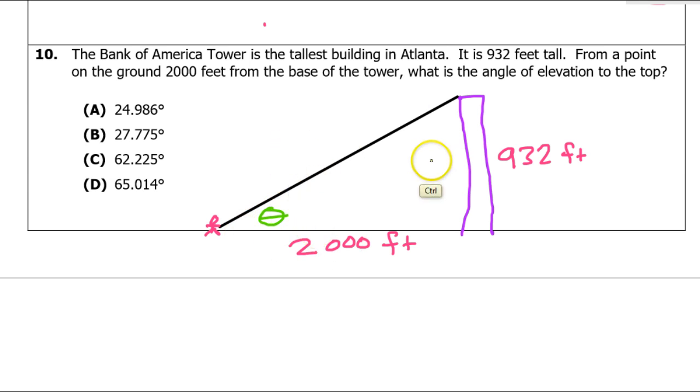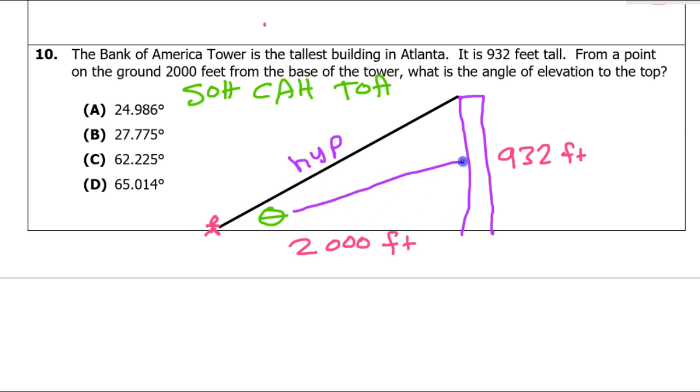So what am I going to do? I'm going to do Sohcahtoa. This is the hypotenuse, and across from the angle that we're looking for should be the opposite leg.